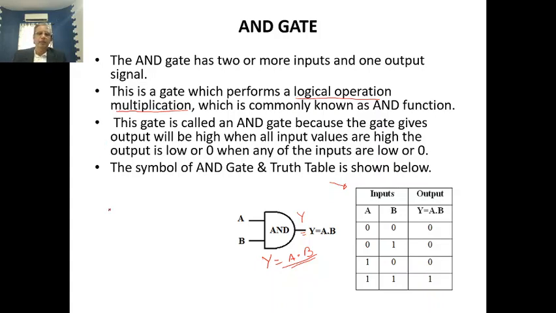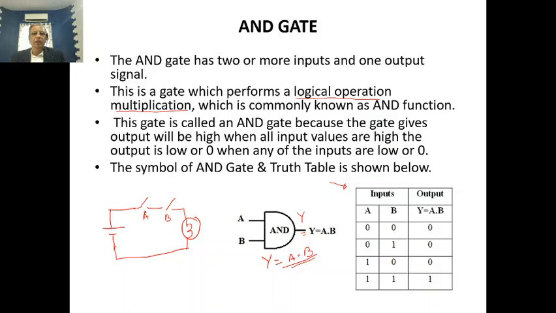Now if we consider here a simple circuit, and here the light is connected. This is A, this is B. Now when will the light glow or be on, this is the battery.